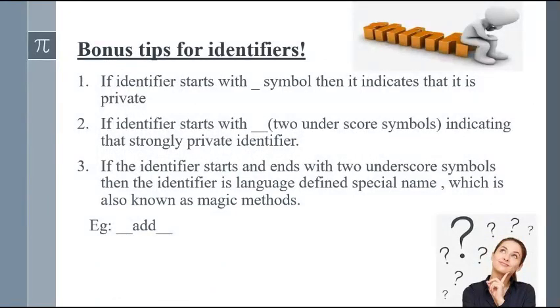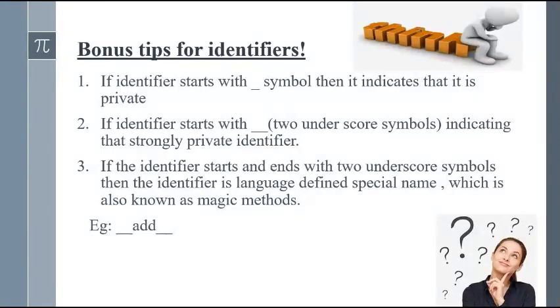So what are bonus tips? These are the tips which make you unique and make you stand out from the crowd. First, if an identifier starts with an underscore symbol, then it indicates that it is private. It is very important.